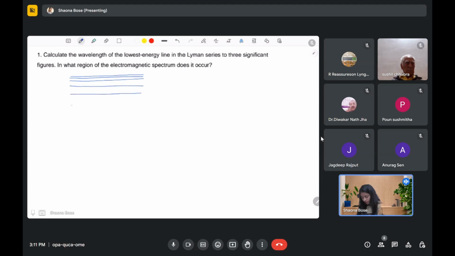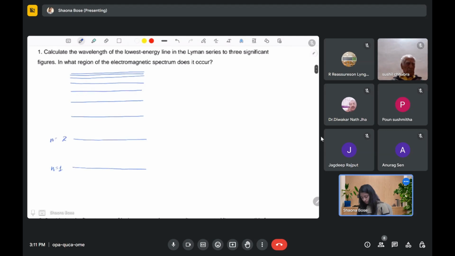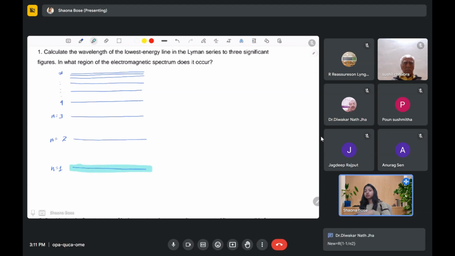So you have your energy lines like this, n is equal to 1, 2, 3, 4, and infinity. Now you know that when an electron is close to n is equal to 1, that means it's just in front of the nucleus.